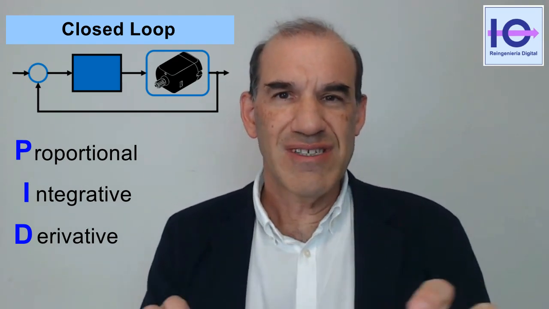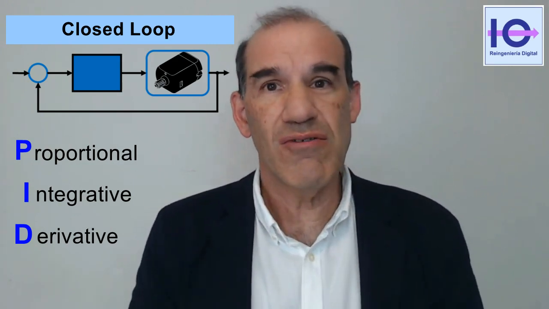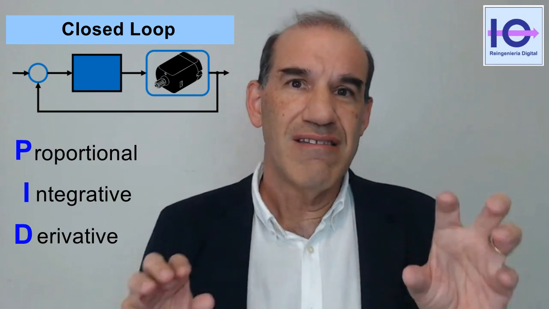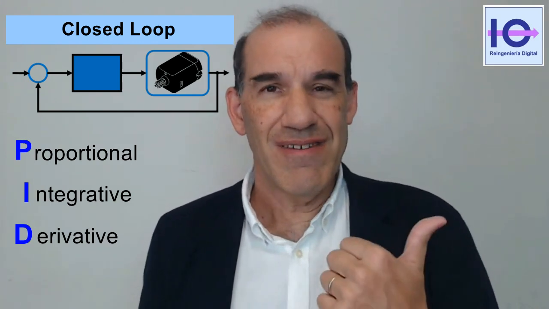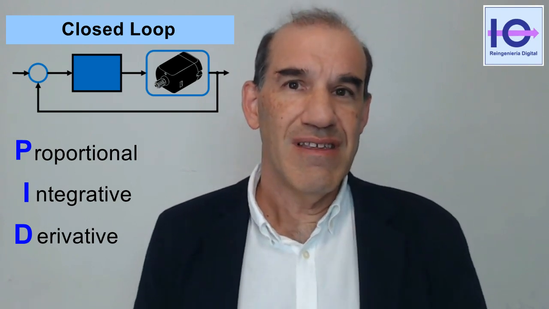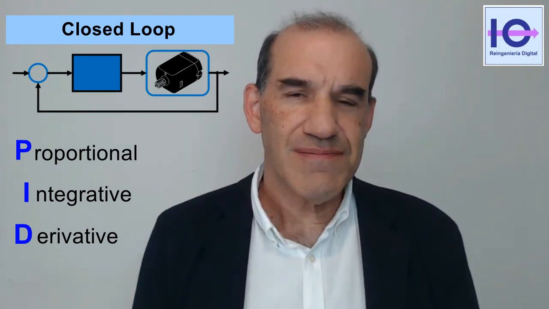So not every single component is good, but usually the common controllers combine the three components, the proportional P, the integrative I, and the derivative D, giving rise to what are called PID controllers.